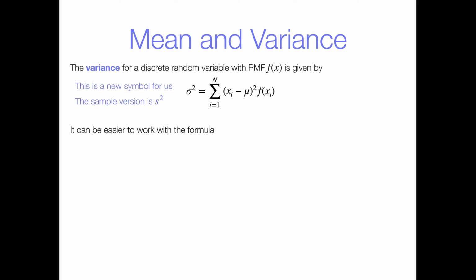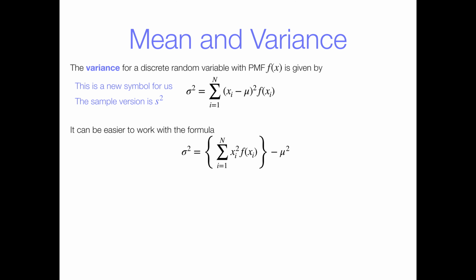That's one formula, but there is an easier kind of shortcut-ish formula. This is the one I prefer to work with. You do x squared times f of x for all of your x's and add it up. And then usually if I'm asking you to find the variance, you've already found the mean. So you take that sum and then subtract off the mean squared. It's a little less work for you than the first one, but you can use either or, they get you the same answer.